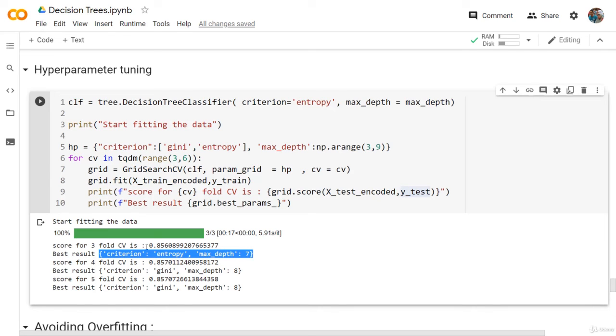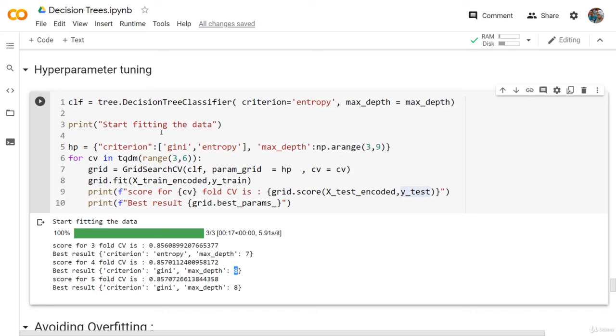We got 0.856 using a criterion of entropy and a maximum depth of 7. Then we got even better accuracy using Gini and a maximum depth of 8. So we increased the accuracy by nearly 1.5% from the default decision tree.